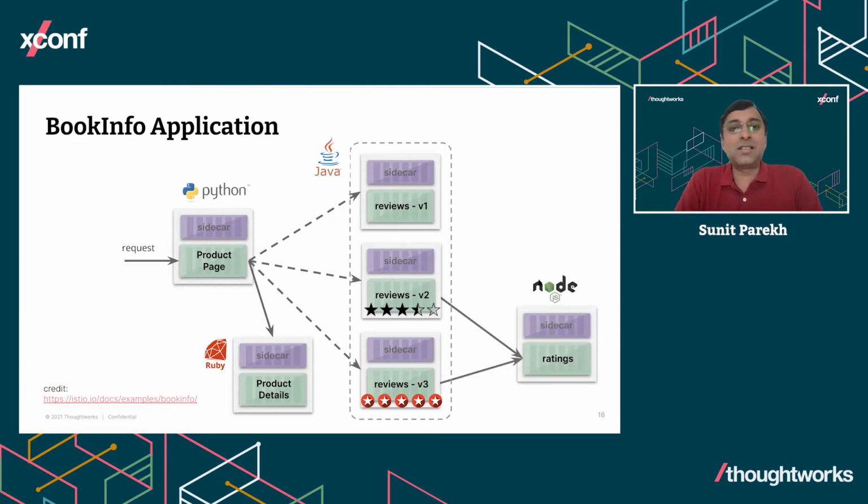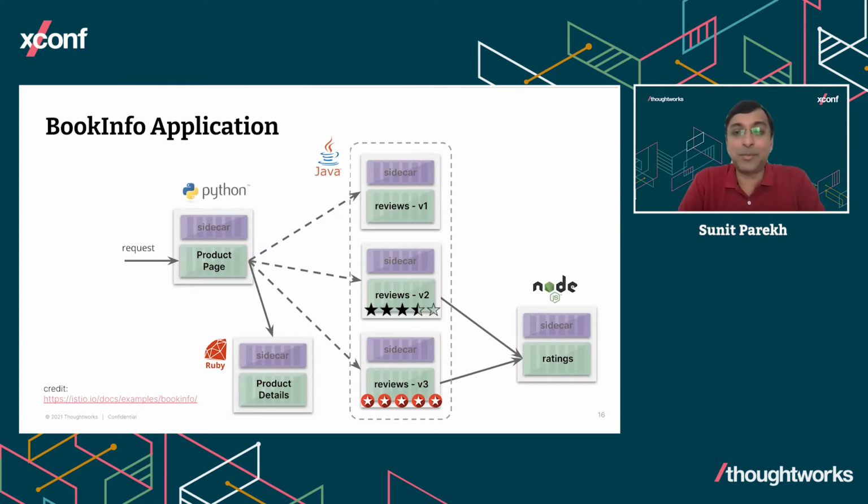So if you see this application, it has 4 microservices written in 4 different languages. When we deploy this application, we are going to deploy with Istio as our service mesh. So you will see the sidecar also, and with the sidecar, we'll get a lot of telemetry information and visualization, observability. Monitoring is vital, so we need to have that in place. All that is available in the setup that we have.